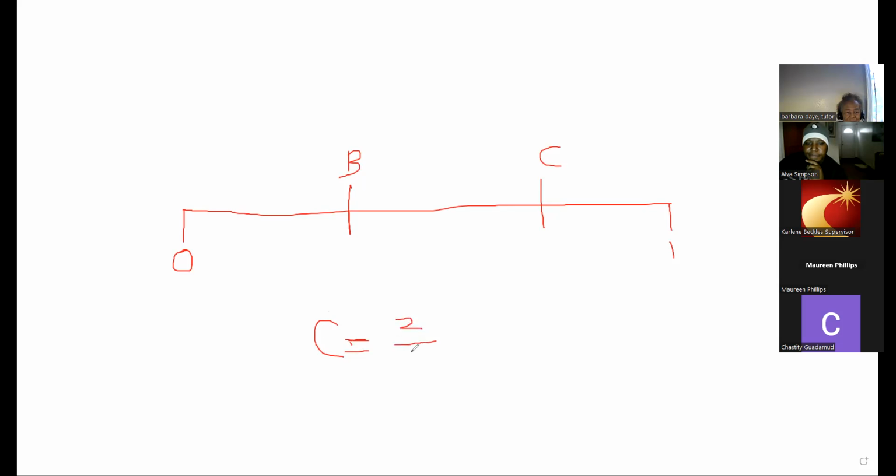Tell her why it's 2/3, Maureen. Because you have 2 lines, it's 1, 2, and the one here is 3. Yes, 1/3, 2/3, 3/3. 3/3 is 1. So B equals 1/3. Got it, Michelle? Yes, B equals 1/3, Miss Barbara.